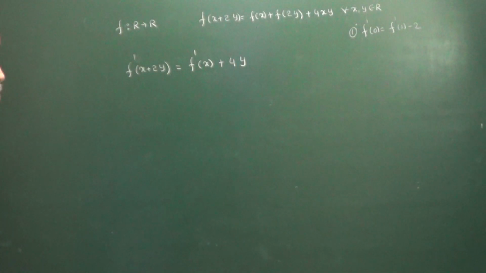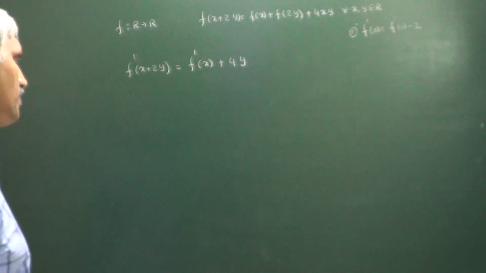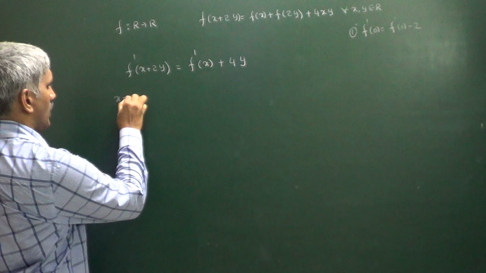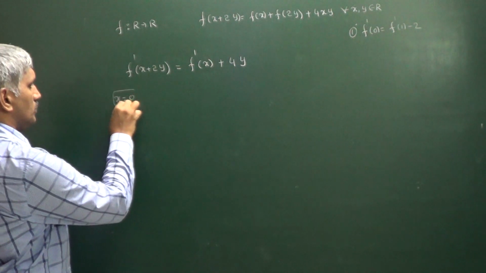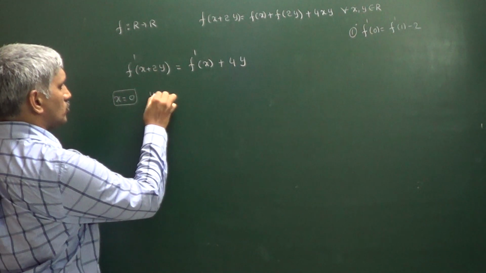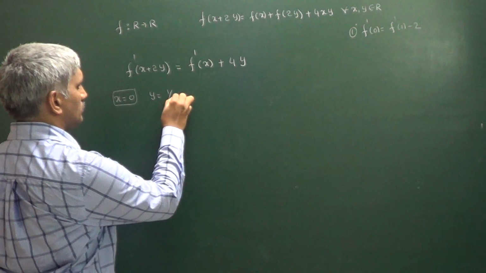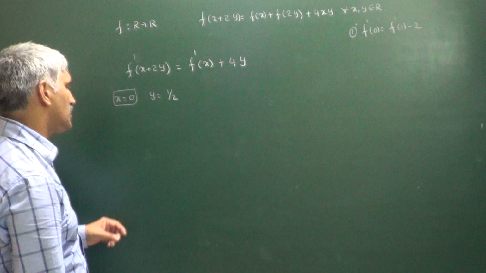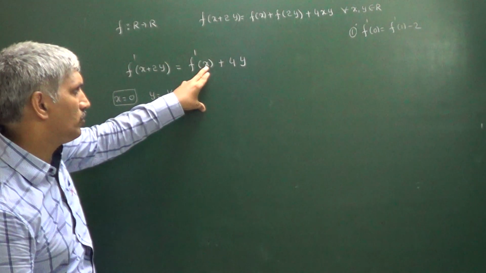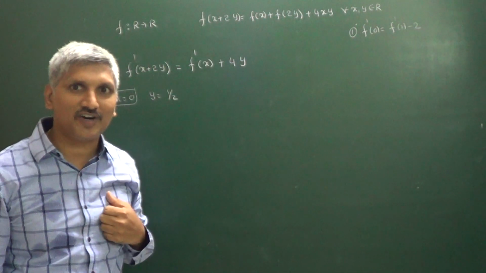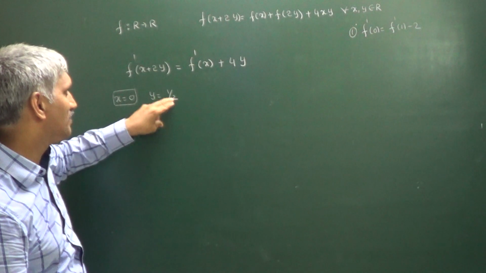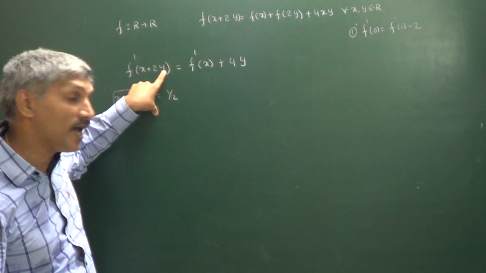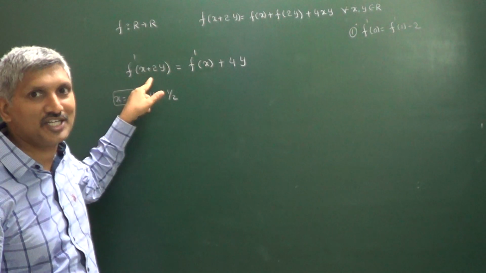Right? So now what I am doing is, in place of x we are substituting 0, x is equal to 0 and y is equal to 1 by 2. Why am I substituting like that? The reason is, x is equal to 0 gives f dash of 0 for us. Y is equal to 1 by 2: here 2 into 1 by 2 cancels, 1 plus 0, that's why f dash of 1.